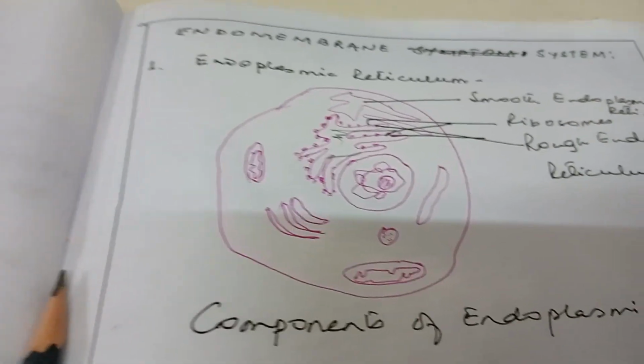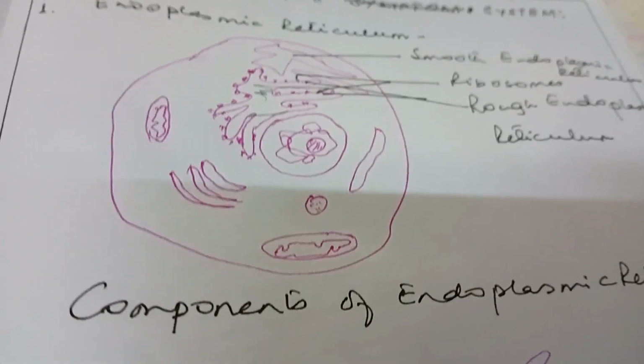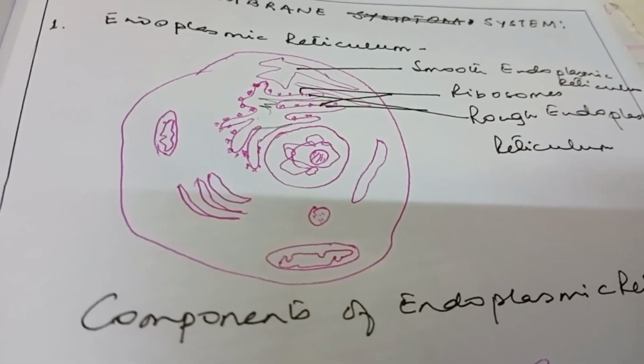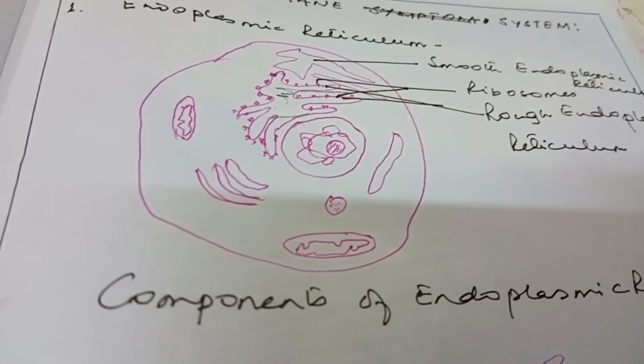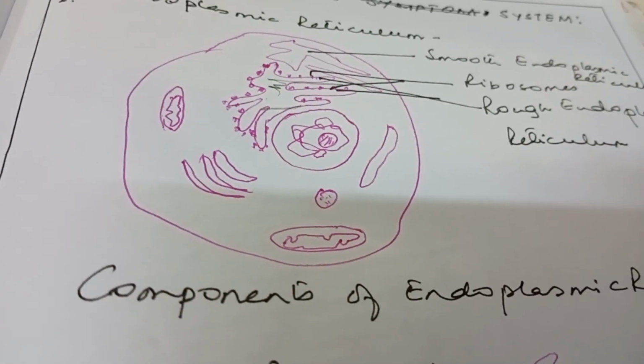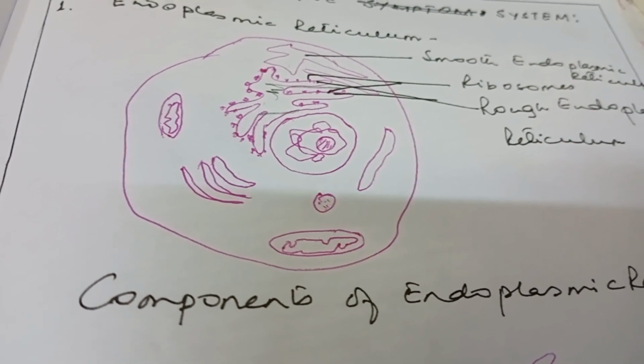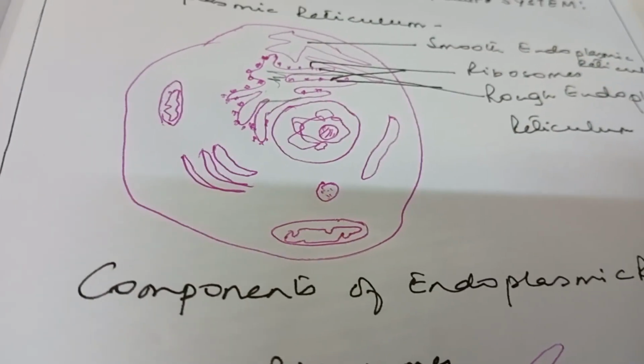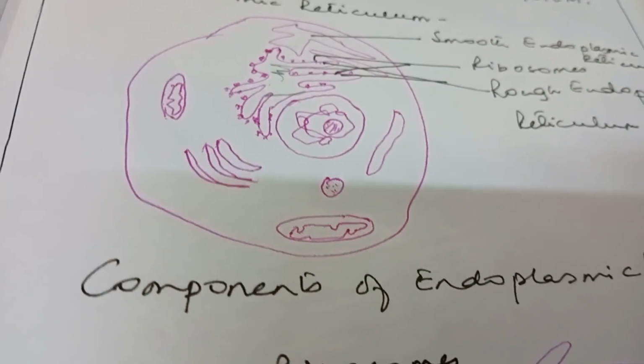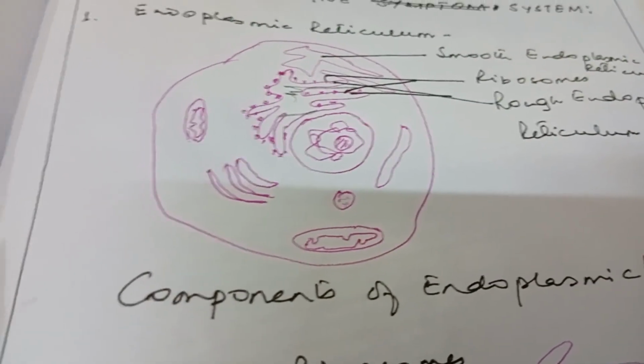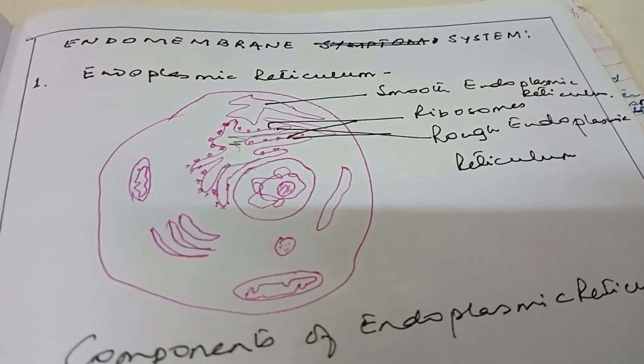They act as a circulatory system within the cell. It helps in the coming in or going out of various substances, and also in the intracellular circulation of various substances from the different regions of the cell.